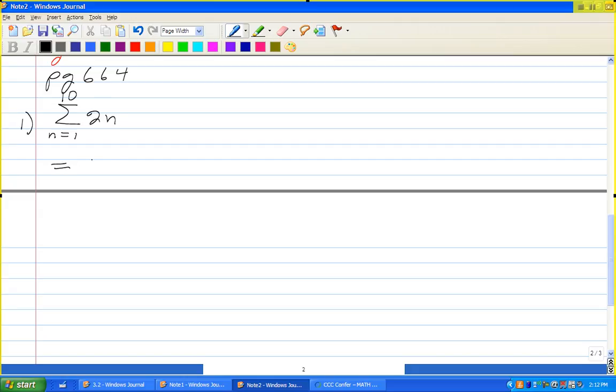So this is just 2 times 1 plus 2 times 2. So the first thing we do is I replace this dummy index by the lower limit. Then add, put the next natural number into the formula, keep adding until I get to this upper limit.